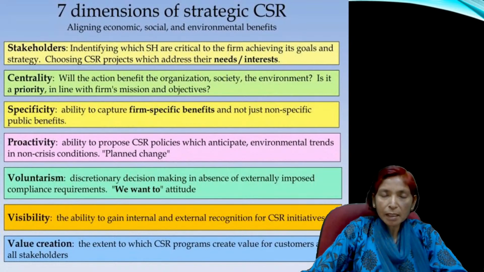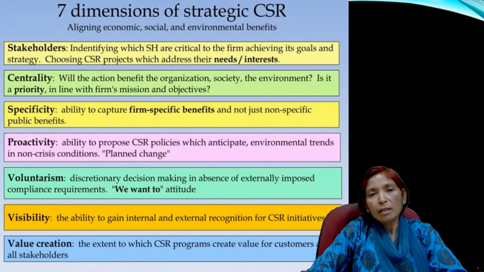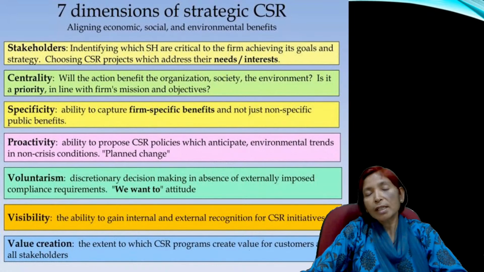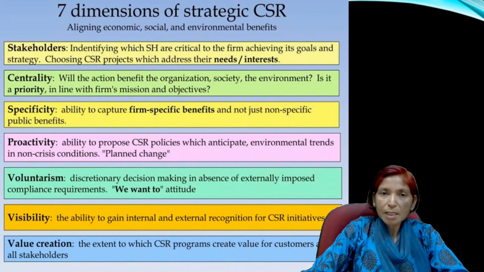Next is visibility. The ability to gain internal and external recognition for CSR initiatives is called visibility. Next is value creation. Value creation is the extent to which CSR programs create value for customers and all stakeholders.